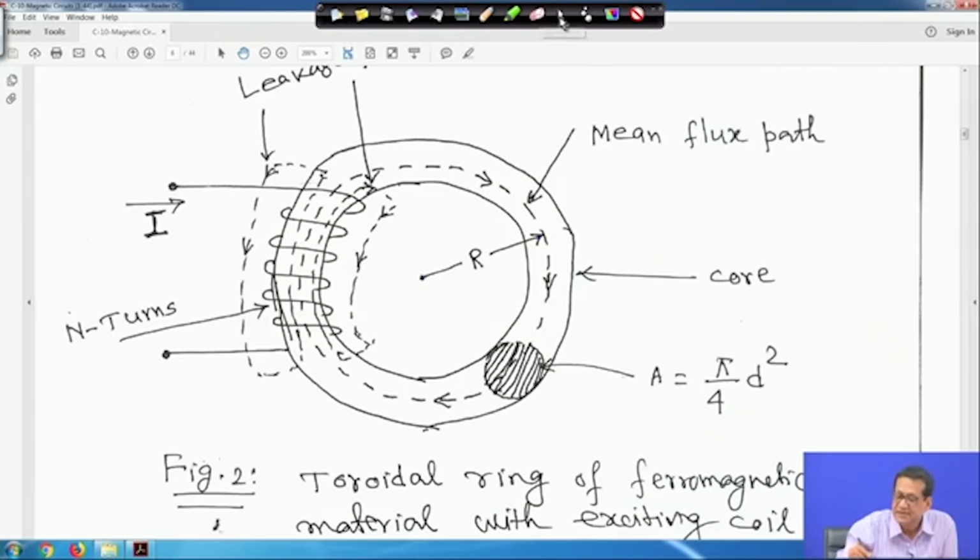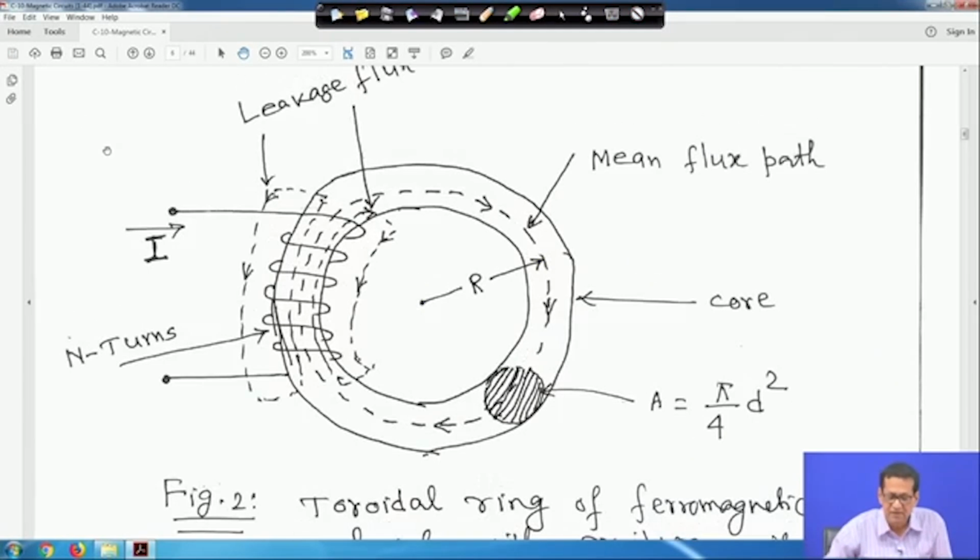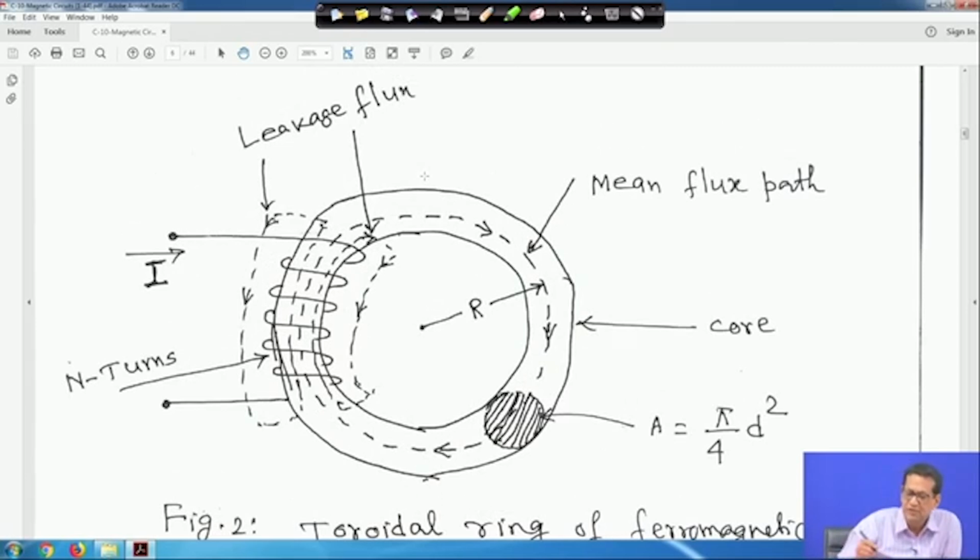Now, let me move a little bit up. If you look into this diagram, this is the coil wound on this toroidal ring. The current is entering, and this ring has n number of turns.